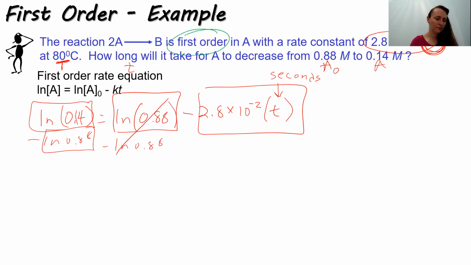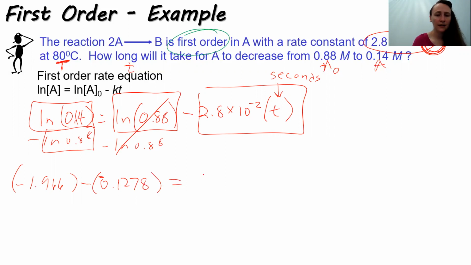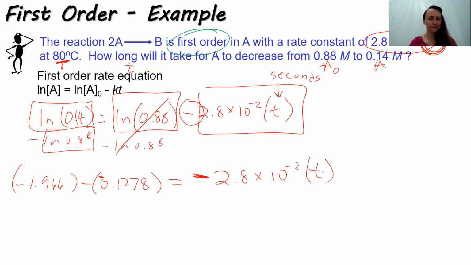So the natural log of 0.14, we have negative 1.966 minus the natural log of 0.88, which is negative 0.1278. Again, carry all the digits on your calculator, and that's going to equal, don't lose this negative sign, negative 2.8 times 10 to the negative 2 times the time.